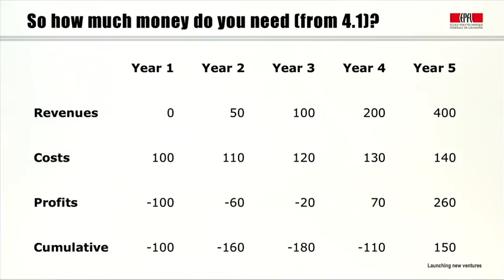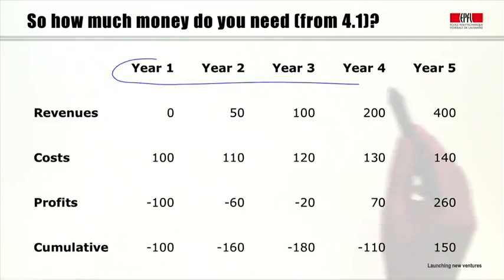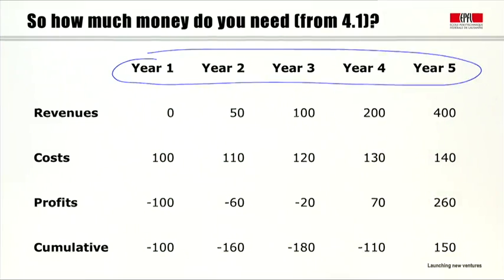As you can see from this chart here, we have the years across the top. And down on the side, we have revenues, costs, profits, and cumulative cash flow. Again, we're not going to be too concerned about the accounting definition of profits and losses here. We're just mainly looking at the cash flows.